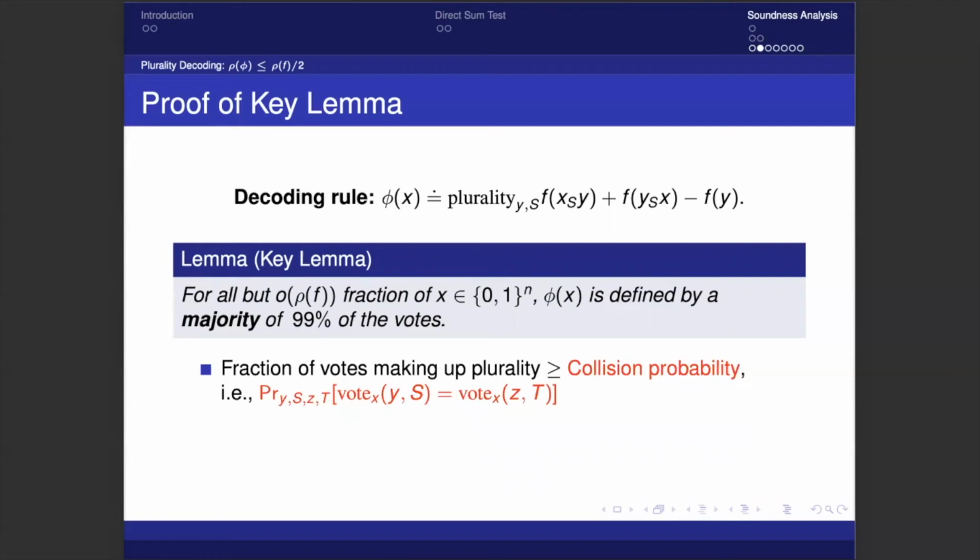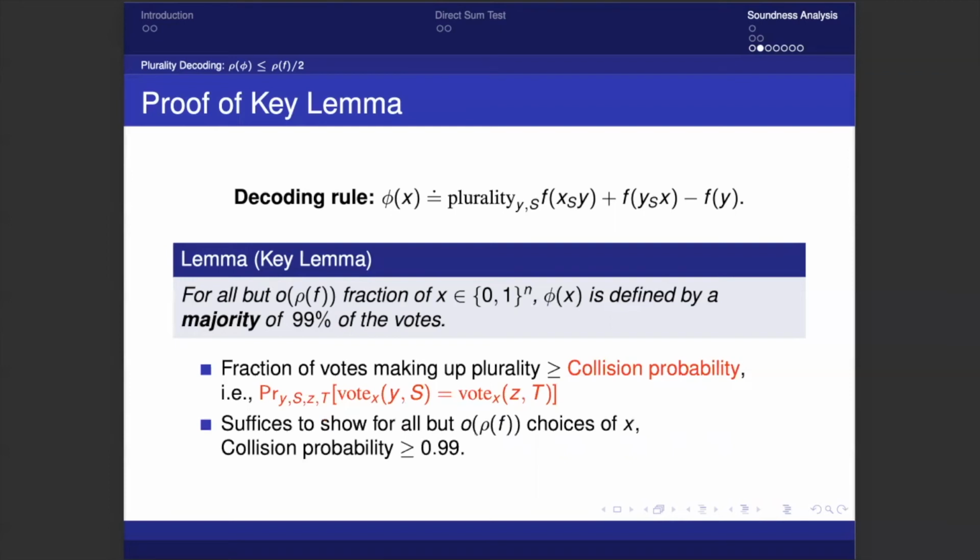That is, let's pick y, s uniformly at random and z, t uniformly at random. Then what's the probability that their contribution to this plurality is the same? So it suffices to show that for most choices of x, the collision probability is large.